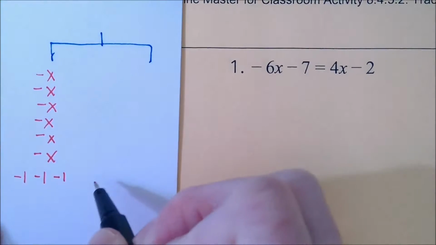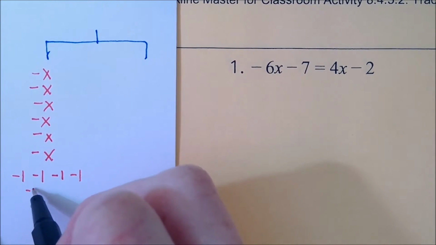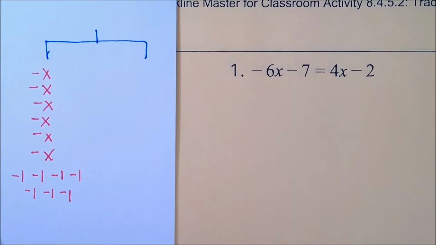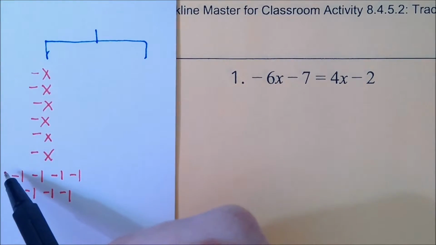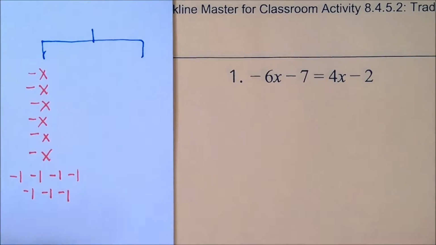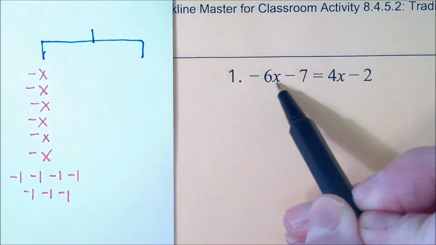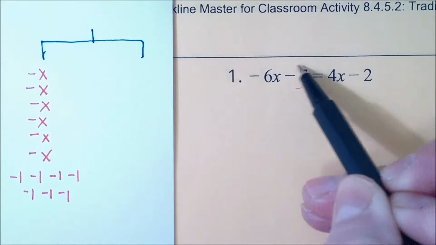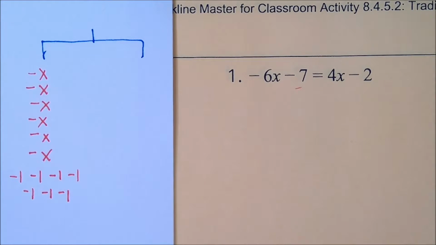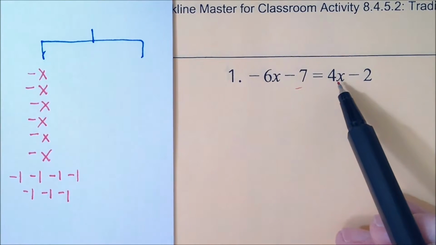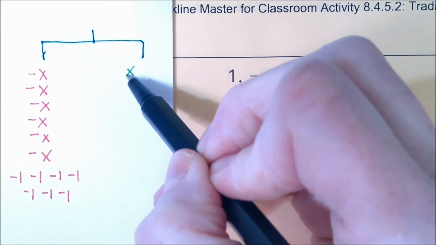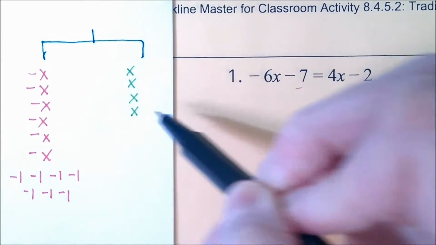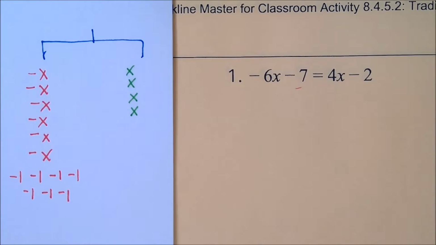Just for space purposes, I'm running out of room, so I'm going to write these like this. Okay, so these are my negative 6 and my negative 7. Negative 6 x's, negative 7. Now on the right-hand side, I have 4 positive x's, so I'll use this green for positive. So I have 4 positive x's, and I have 2 negatives.